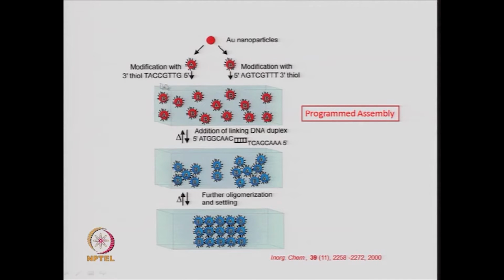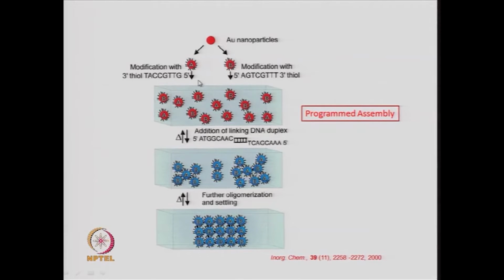So, here was a different sequence, and when this attaches to the gold particles using again the thiol group, you get a different gold particle, because you have a different oligomer on the surface, and this we call B. So, when you mix A and B, both A and B have these base pairs, and you know that thymine will always attach to adenine. So, thymine of this will attach to adenine of this, like that they two will come together, right, and then you add a DNA duplex.